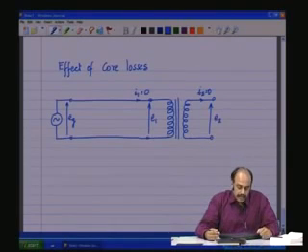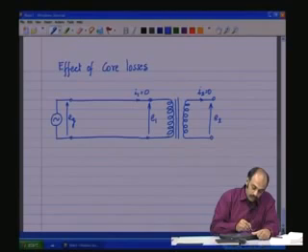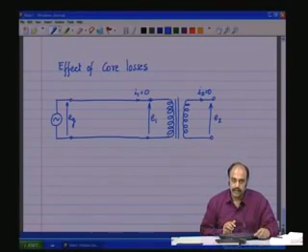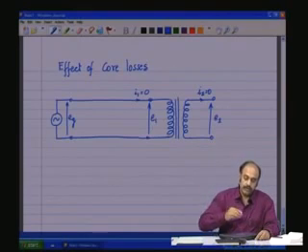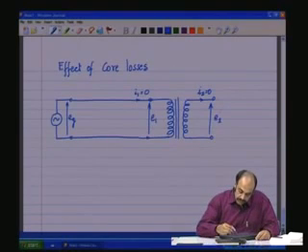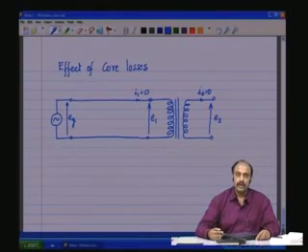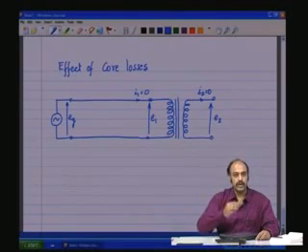This is the primary induced voltage. But in a practical transformer, we said that there are core losses, one of the non-idealities we are introducing. Now, if there are core losses, even when there is no load connected across the secondary terminals, the hysteresis loop is going to be traversed.